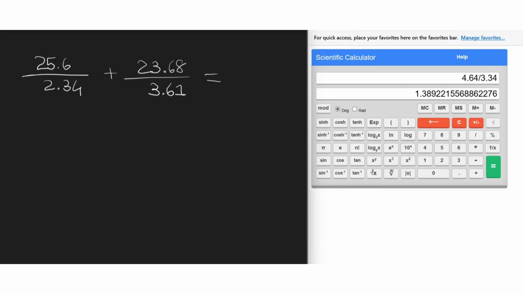For this, let me just clear this. Now 25.6, then division sign 2.34, then equal to, then press plus sign 23.68, division sign 3.61 and press equal to. So we get our answer 17.499727.